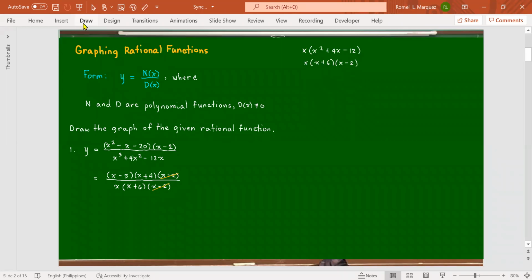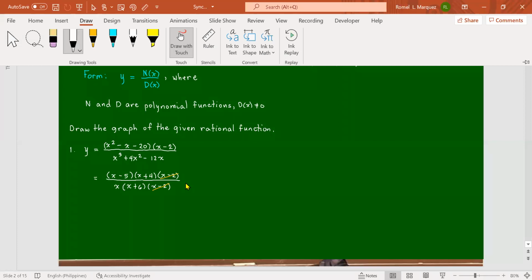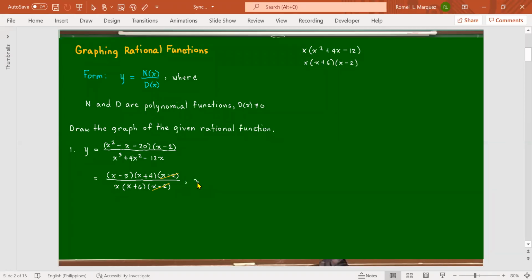And that canceled factor can produce holes. So after canceling, we come up with this simplified rational function, x minus 5, x plus 4, all over x plus 6. But don't forget that we removed x minus 2. So x should not be equal to 2. Okay, guys?